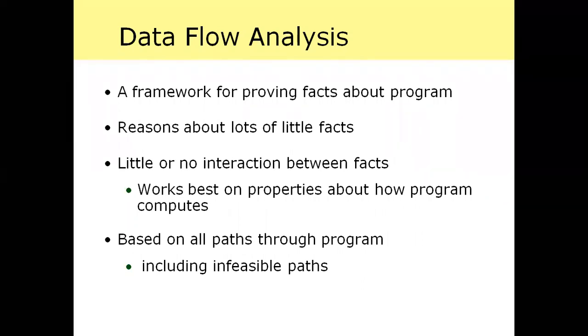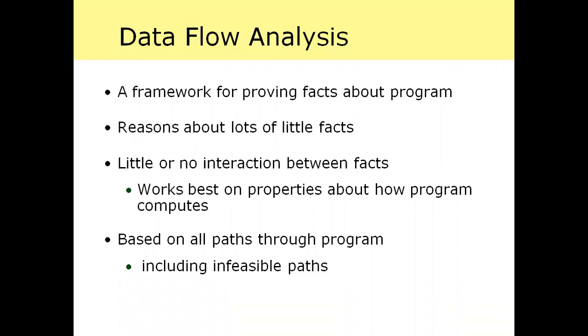We reason about lots of little facts, and there is no interaction between the facts; it works based on properties about how the program computes. Based on all the paths throughout the program, we include the infeasible paths also. The optimization is applicable because it is a global optimization, right?